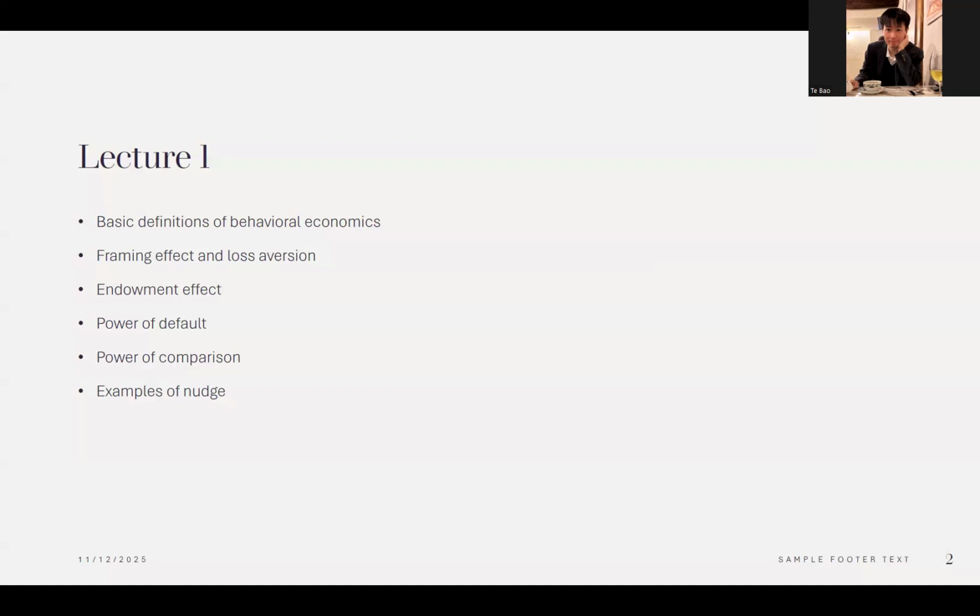Okay, so those are basically the several key knowledge points of lecture one. Of course, besides that, we also talked about examples of nudge. If you want to encourage people to do some behavior, just telling them what to do may not be very effective.